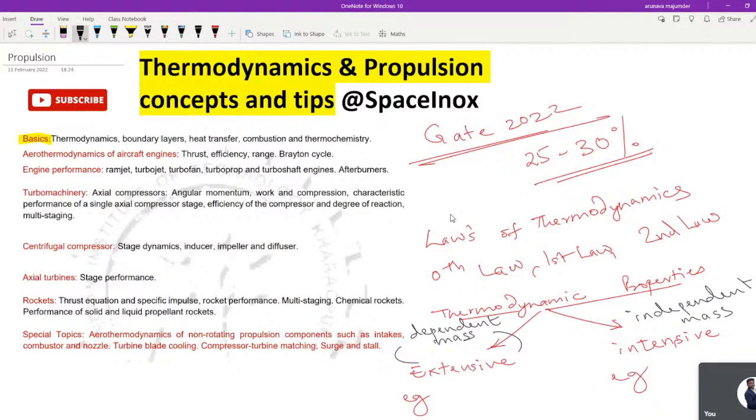Let's see some examples: volume, enthalpy, entropy, internal energy. All those things come under extensive properties.